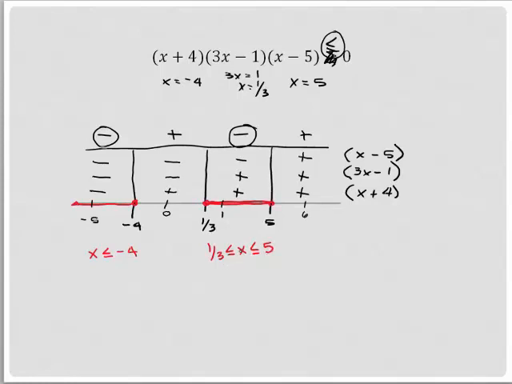In other words, x is between 1/3 and 5. Okay, so I can have any number in here and it will still be less than 0. I can have any number out here and it still will be less than 0.